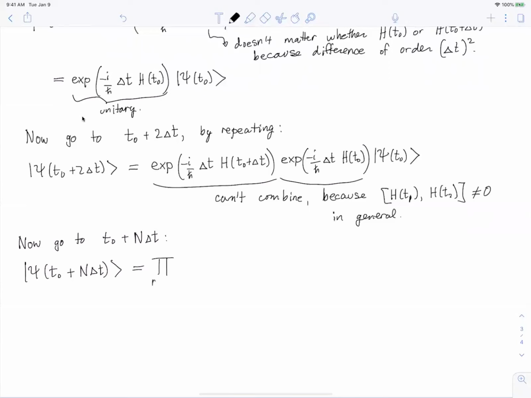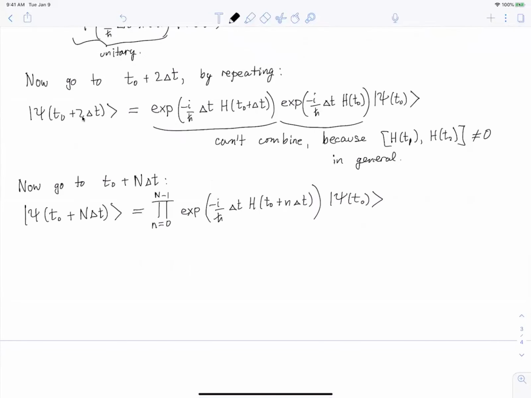So we're going to take the product from n equals 0 to capital N minus 1 of a bunch of exponentials, which look like this: e to the minus i over h bar delta t, the Hamiltonian of t0 plus little n delta t, all acting on our initial state ket psi of t0.